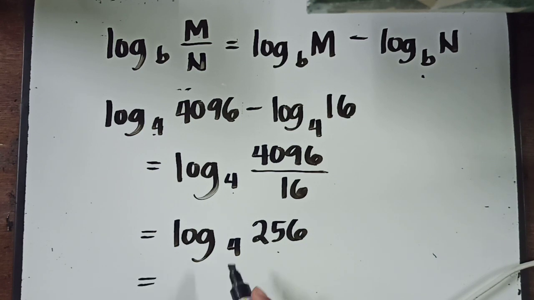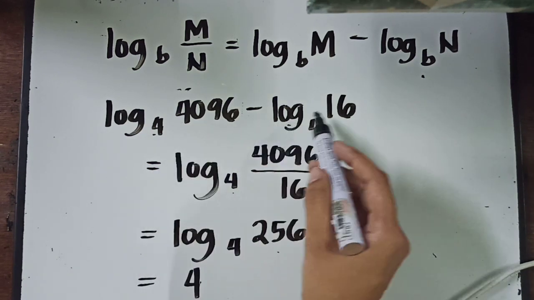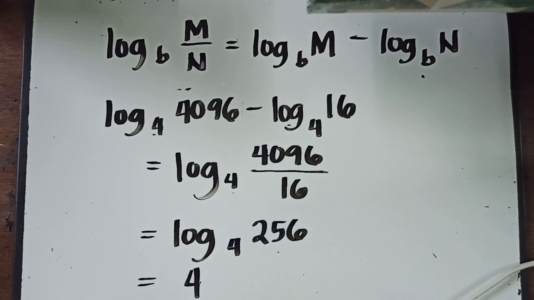Okay, so now, what is the logarithm of 256 to the base 4? So the answer is 4. Okay? So now, logarithm of 4096 to the base 4 minus the logarithm of 16 to the base 4 is equal to 4.